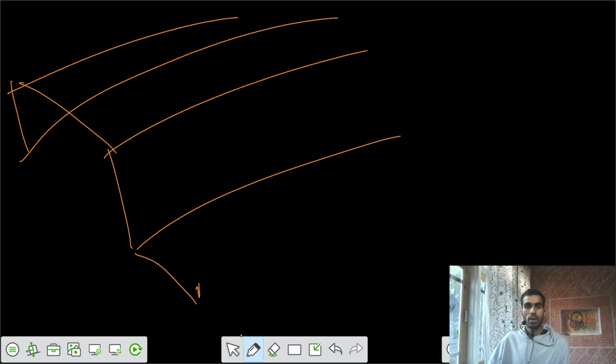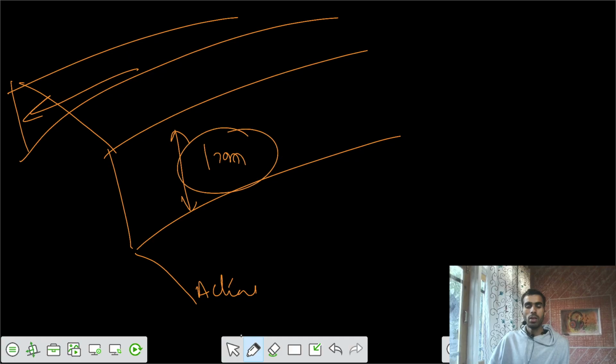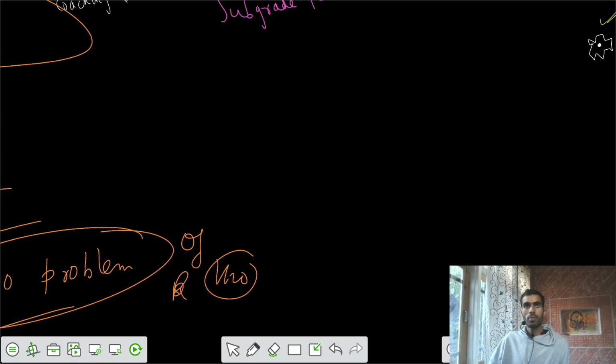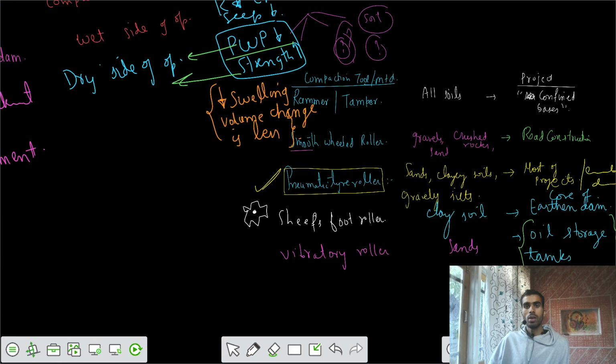This is your actual ground level, but your road is above that by some 1, 2 meters. Let's say this is 1 meter, so there is no problem of water entering the road. That means no shrinkage. But if there is swelling somehow, I should prevent that.